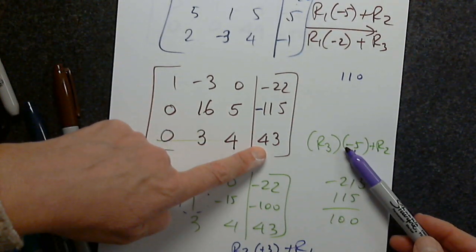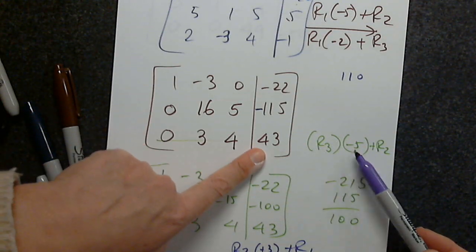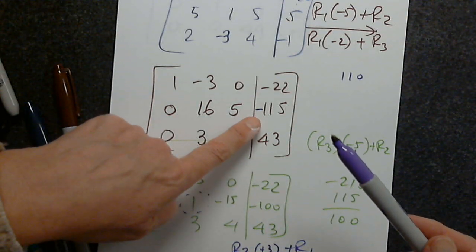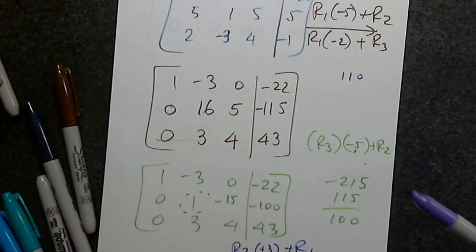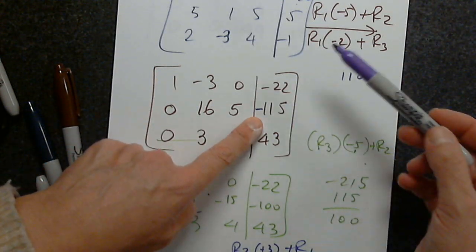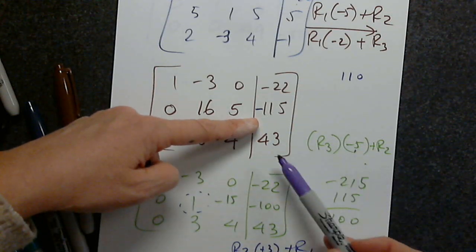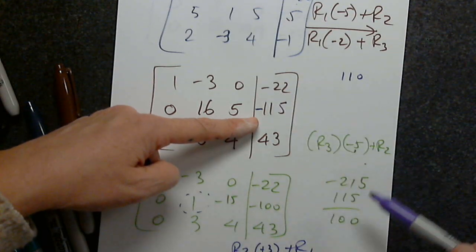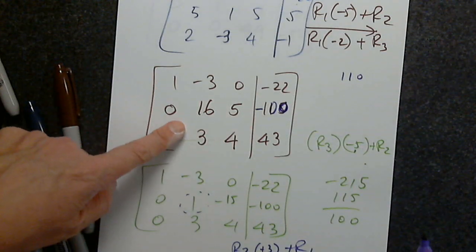Negative 215 plus 115, so this is negative 100. What did I do? So this was 115 initially, so it's a minus 100, right? So R3 times negative 5 plus 115 is negative 100, right?